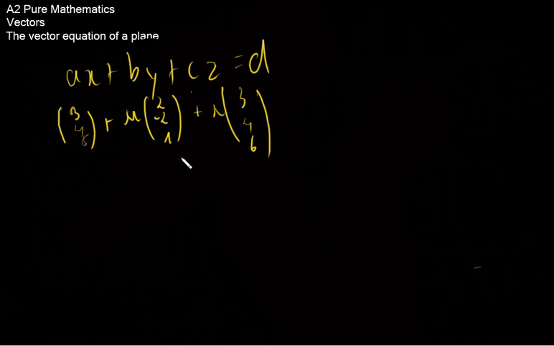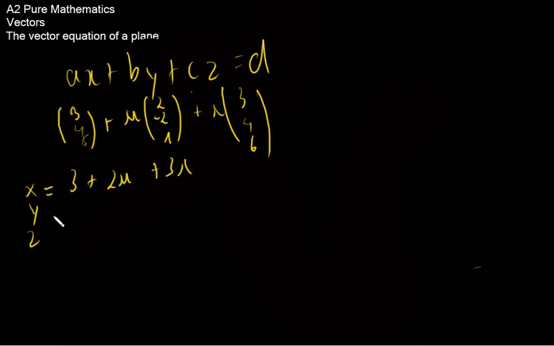This might get a bit complex because I just made it up in my mind. Now we have x, y, and z. So this is how you actually move from this to here. To get rid of the parameters, x is equal to the top of this equation, so 3 plus 2 mu plus 3 lambda.